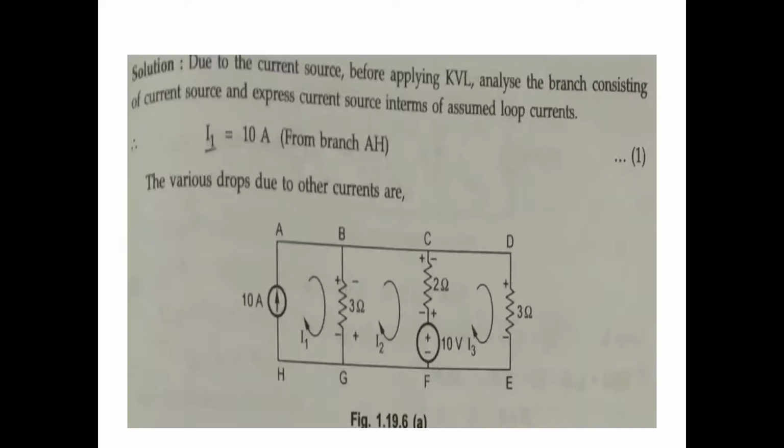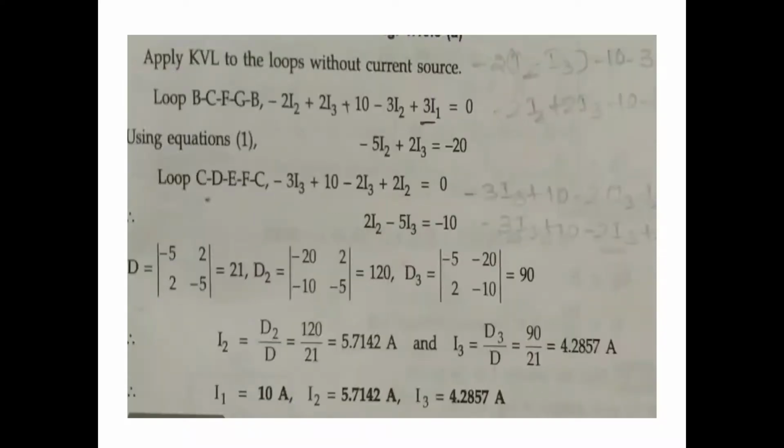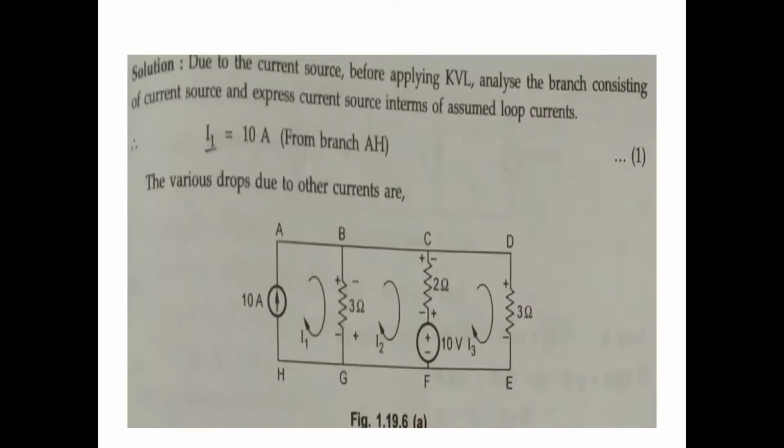Okay, for the second problem also, first write down the loop currents, I1 loop, I2 loop, I3 loop. Here I1 is directly given: the dependent current 10 amps, I1 equal to 10 amps from the branch AH. Okay, next apply KVL to the loop BCFGB, that is minus 2I2 plus 2I3.